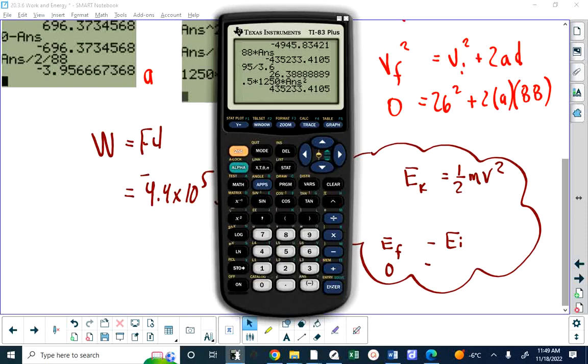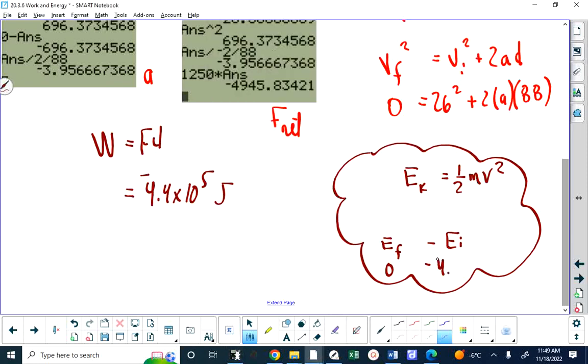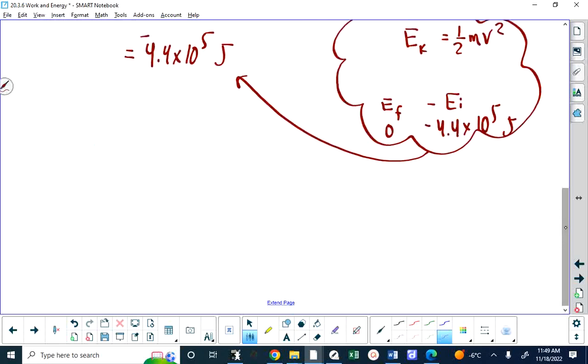It's 435,233.1444. It's exactly the same number, isn't it? And when I take 0 minus that, negative 4.4 times 10 to the 5, I get the work done. Because work is force times displacement, but work is also change in energy.